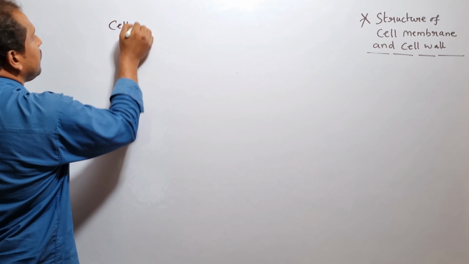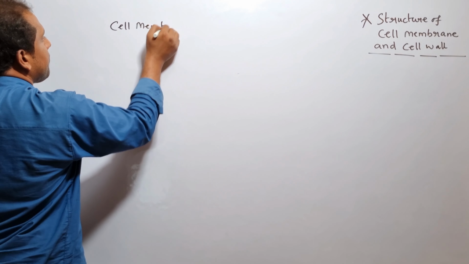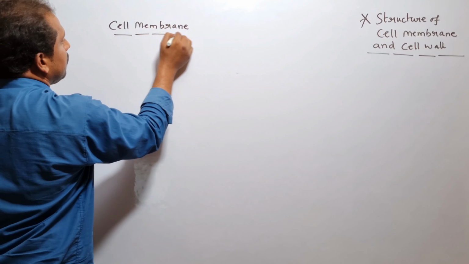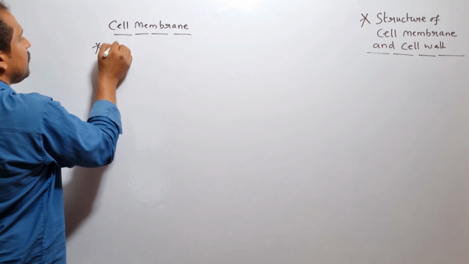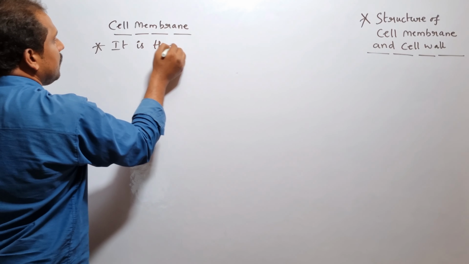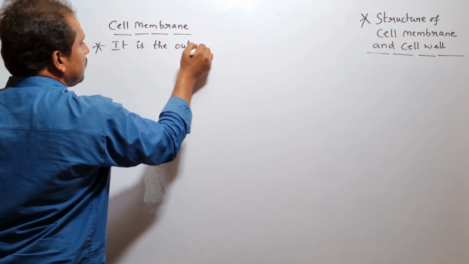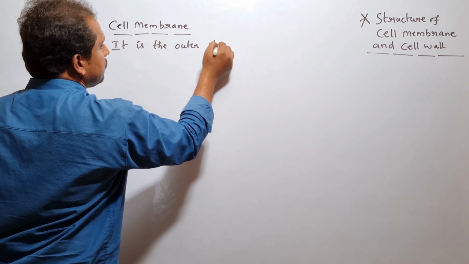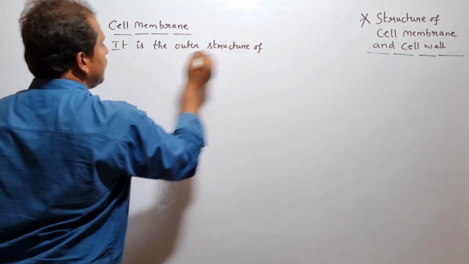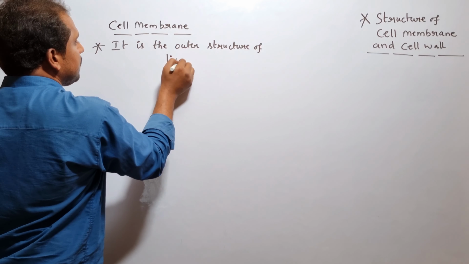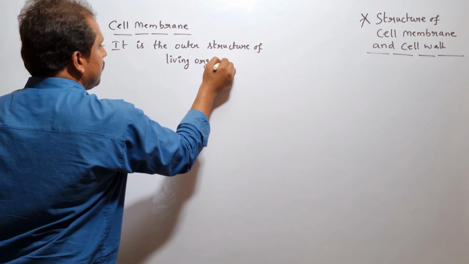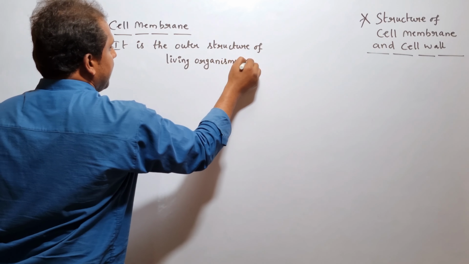Cell membrane, the outermost delimiting structure of living organisms in case of animals.